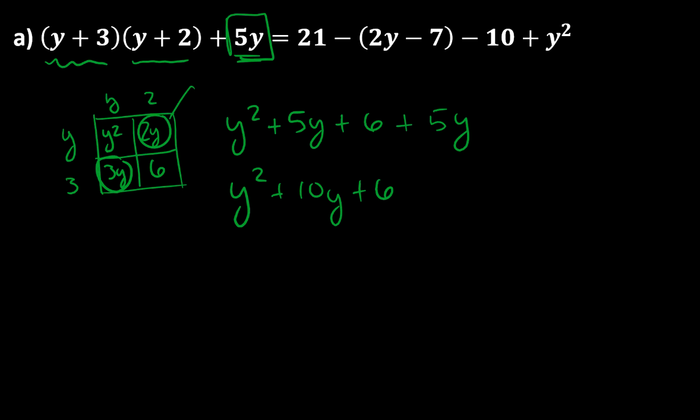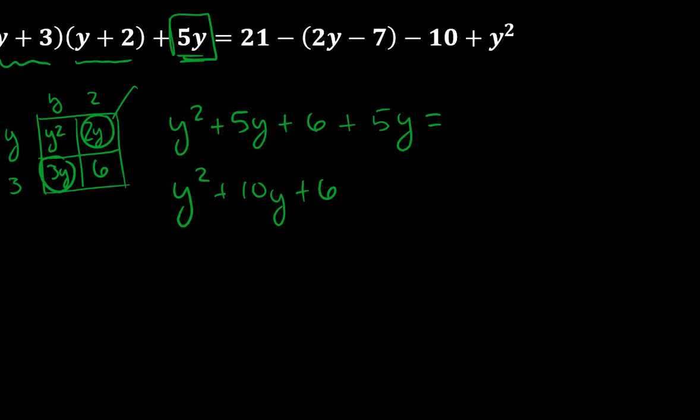On the other side, a couple different things going on. There is this negative value, so I need the opposite of this binomial, and I need to be very careful to distribute this negative. I can put a 1 here if it helps me, but I need to distribute this negative to both of these terms.